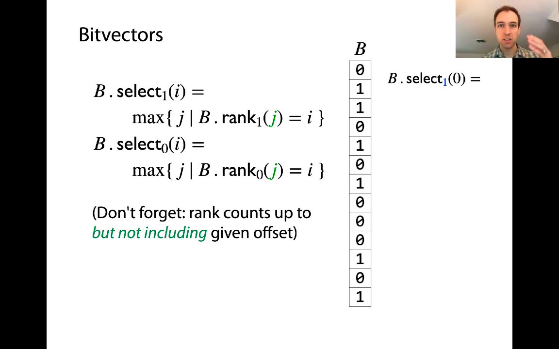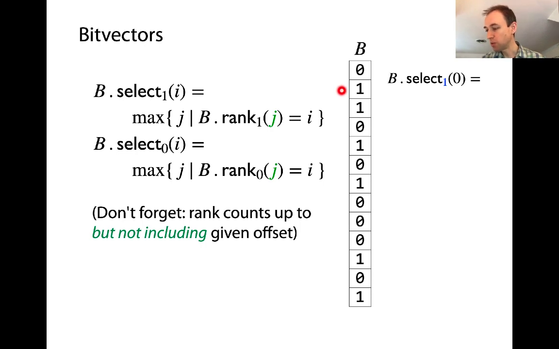So let's let our j start at the beginning of the bit vector. Then let's ask, what is the rank sub1 at that j? And just keep going down. Okay, so what's the rank sub1 at j equals 0? Well, it's 0. Okay, so far this condition is satisfied, but I'm trying to find the maximum j at which that condition is satisfied. So let me keep going and try j equals 1.